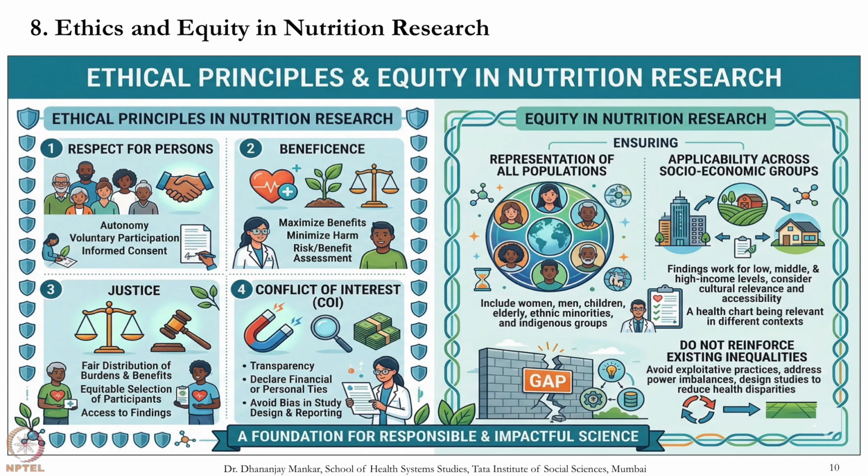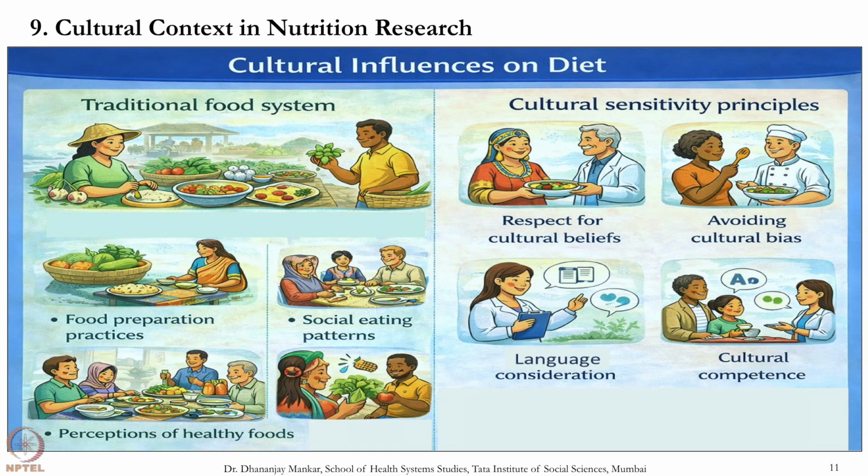The research should not reinforce existing inequalities but should try to curb or avoid exploitative practices. It should also address power imbalances and design studies to reduce health disparities. So this becomes the foundation for responsible and impactful science, which is why ethics and equity play a major role in nutrition research.